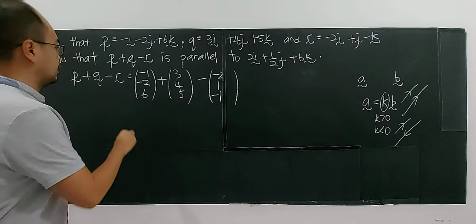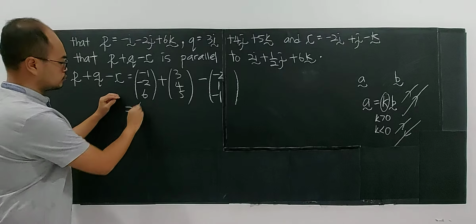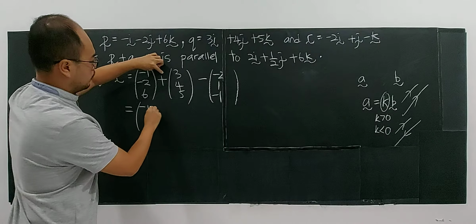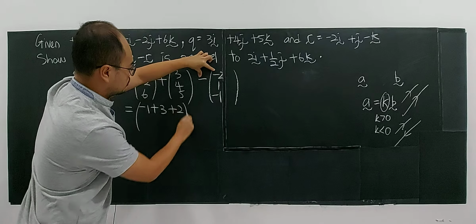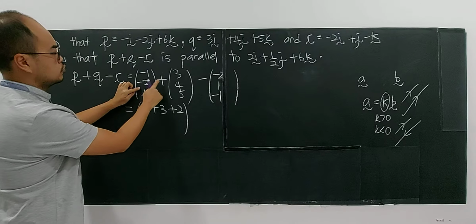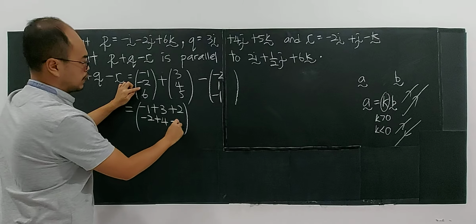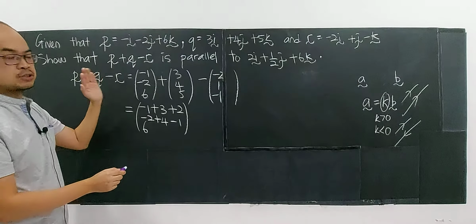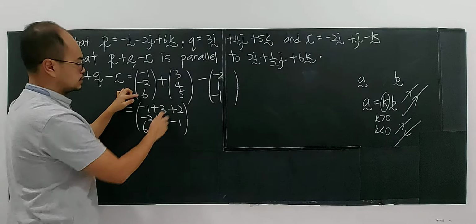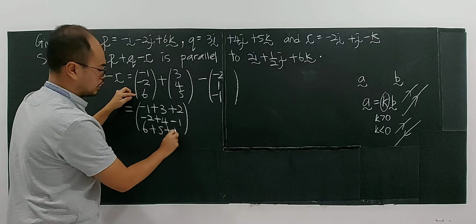Let's sum up all this. We have -1 plus 3 minus -2, and -2 plus 4 minus 1, and 6 plus 5 minus -1. This is the way we do addition and subtraction for vectors.